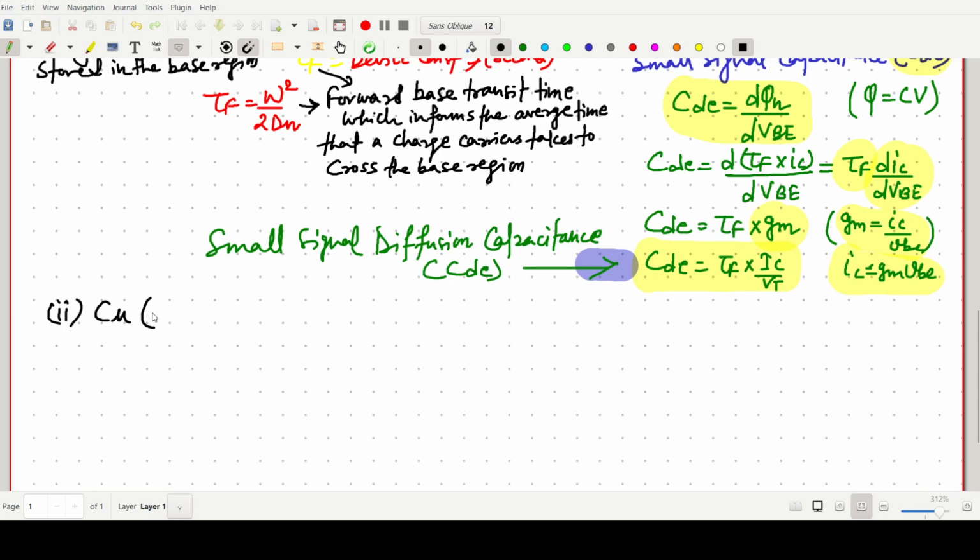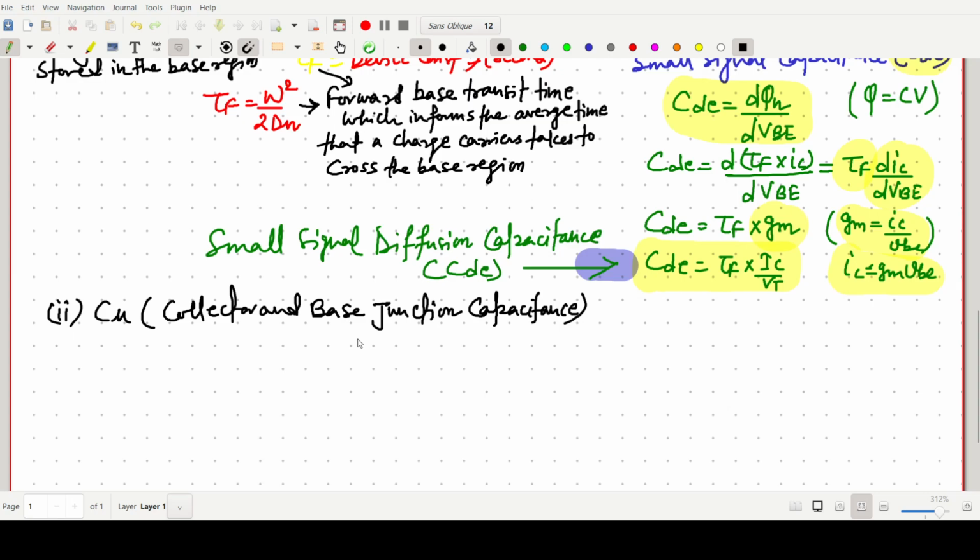C mu is nothing but the capacitance between collector and base, the collector base junction capacitance.